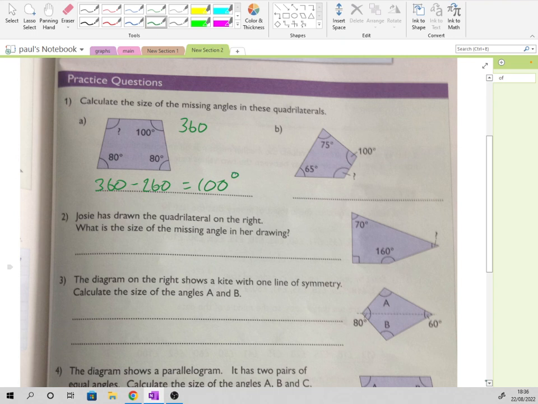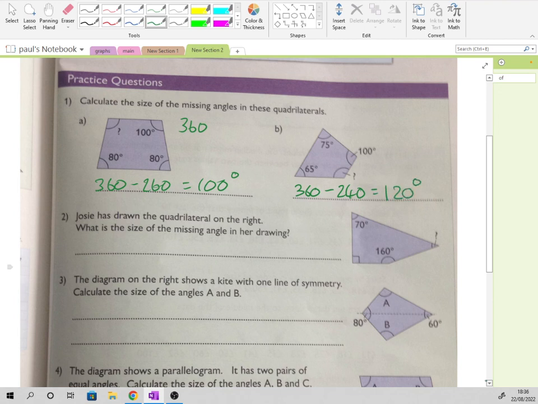I'm going to use a calculator for this. 65 plus 75 plus 100, that's 240. So everything adds up to 240. So we do 360, take away 240, which equals 120 degrees.